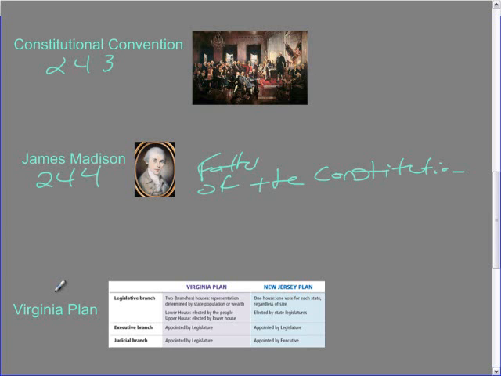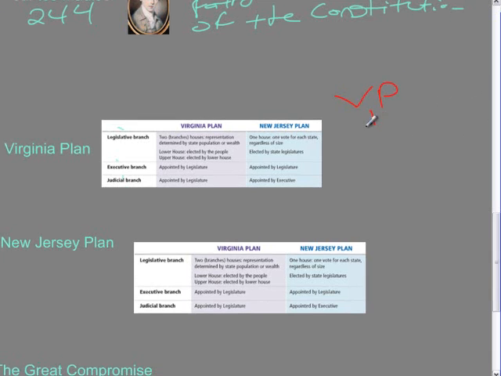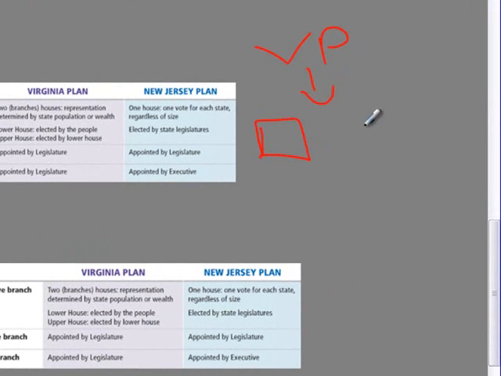Well, his first idea is the Virginia Plan, and that's where we get the idea of having three branches: the legislative, executive, and judicial. We'll get into those a little bit later. What the Virginia Plan says is that we have two houses in the legislative branch, and both of them are going to be based on population.